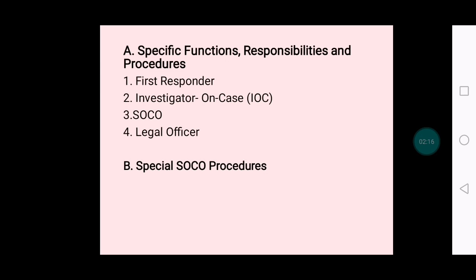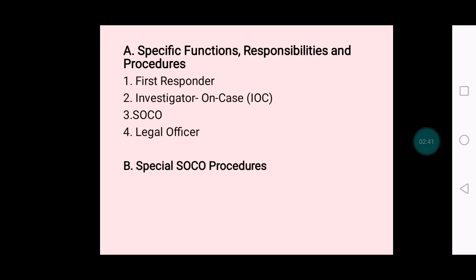Next is investigator on case. At a scene, the investigator on case defines and secures areas that may contain evidence, examines and documents the scene, collects physical evidence, and preserves it. They also package and submit the evidence to the laboratory for analysis.